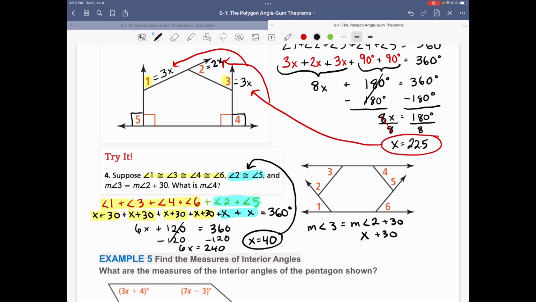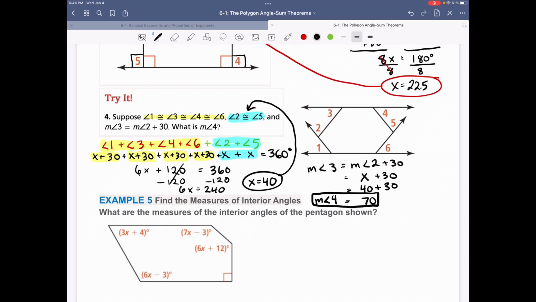So the measure of angle 3 is x plus 30. So you could see that from our other steps. Now let's plug 40 in. So that's 70. That was the measure of angle 3, but that's also congruent to the measure of angle 4. So we can just say that the measure of angle 4 is also equal to 70 degrees. Let me circle that a little better.